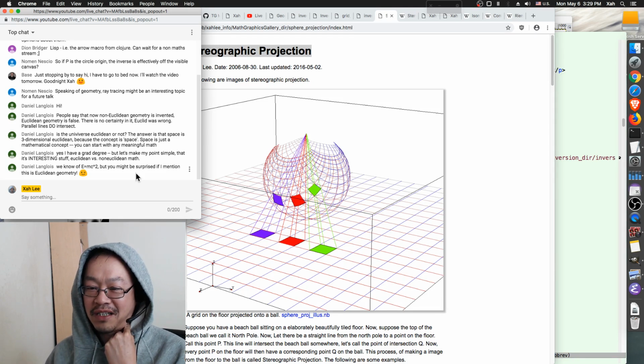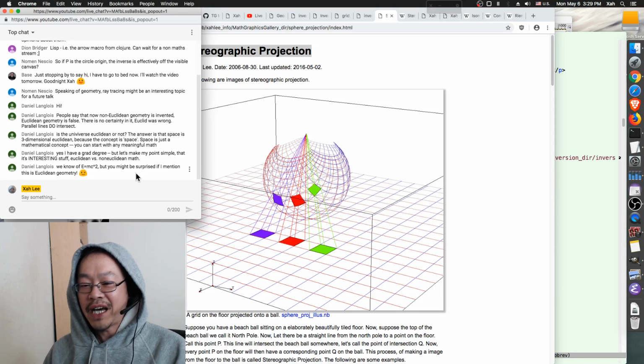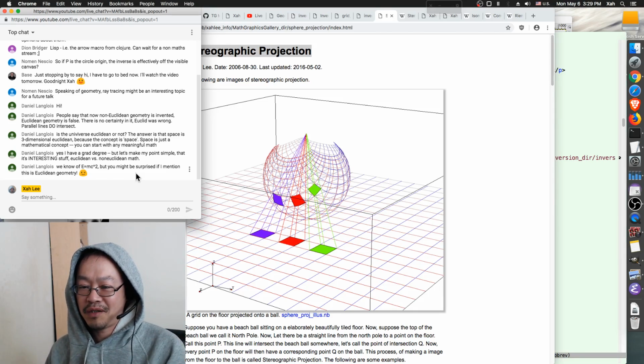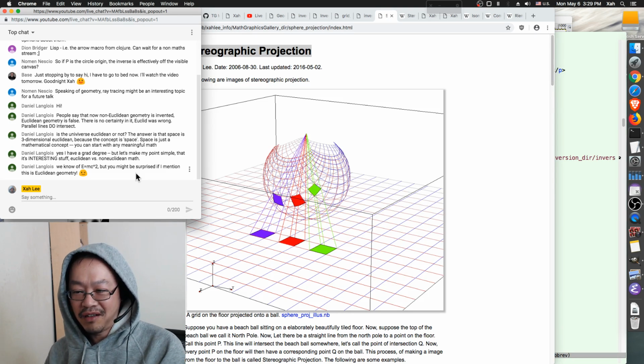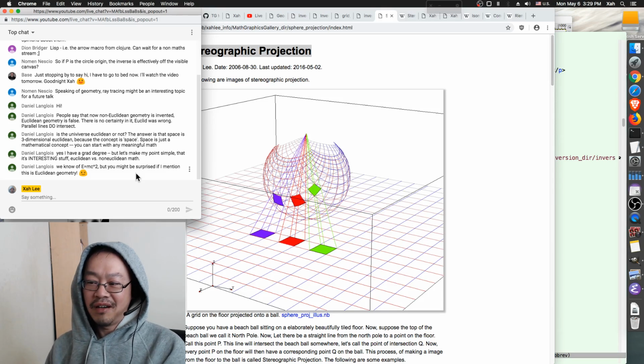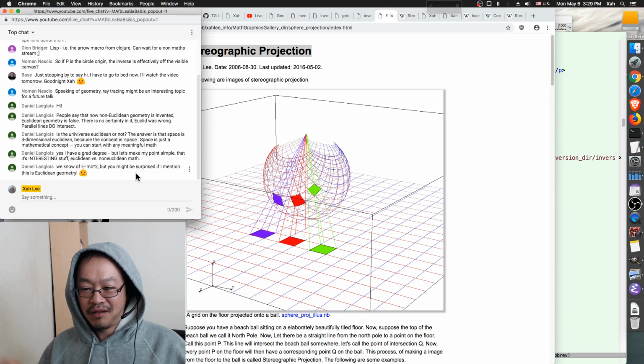It seems you are saying that the space we live in is Euclidean 3D space because of the definition of space. I'm not sure I agree or understand that. What do you mean? Because as far as I know, we don't actually know our space.